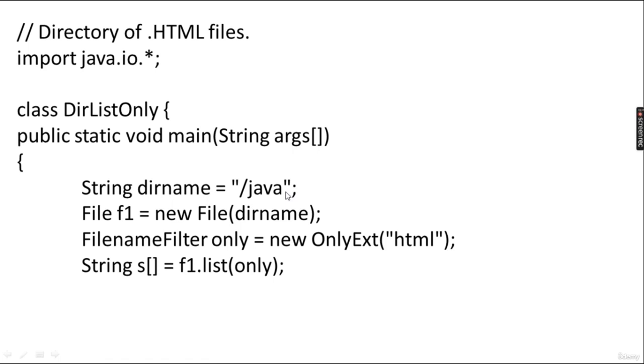First of all, create a folder, any folder XYZ, and create over there a random number of MP4 files, MP3 files, PDF files, PNG files, and run this program on your PC from Eclipse. When you run this program, if you specify PNG here, only PNG files in this particular folder will be listed. If you specify MP4, only MP4 files will be listed, and so on.